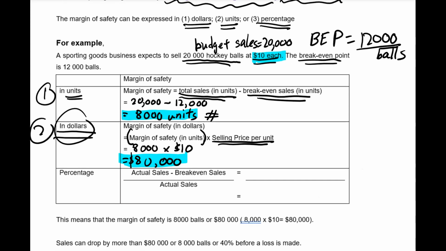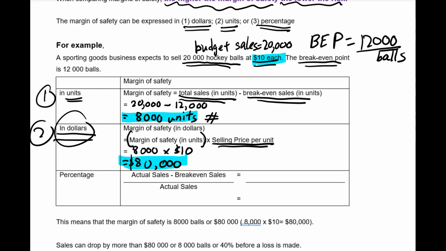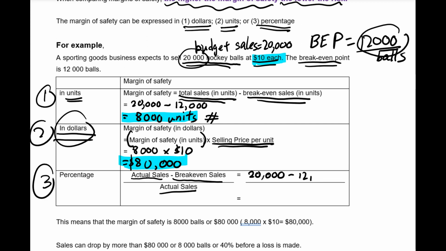And lastly, if they ask you for margin of safety in percentage, the formula is: actual sales minus your break-even sales, divided by actual sales. Your actual sales is 20,000, break-even sales is 12,000, divided by your actual sales, 20,000.